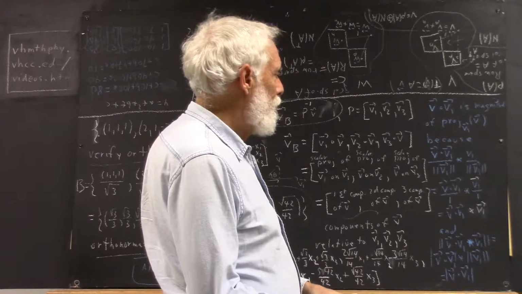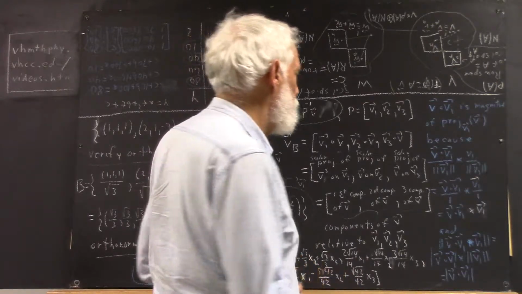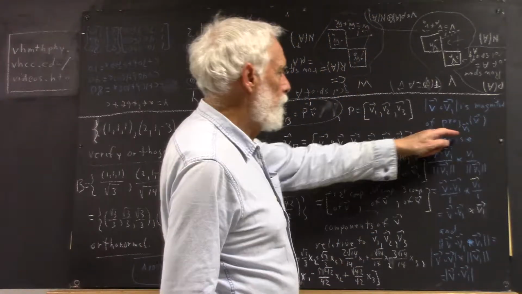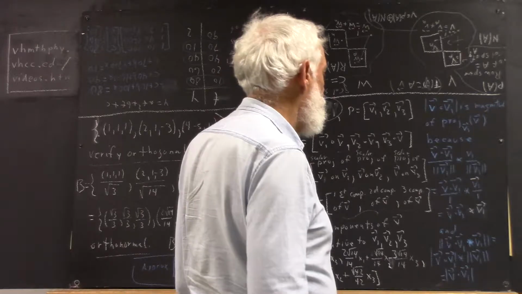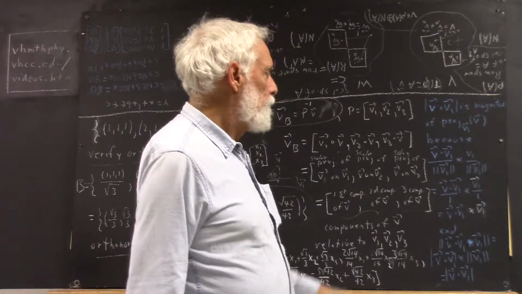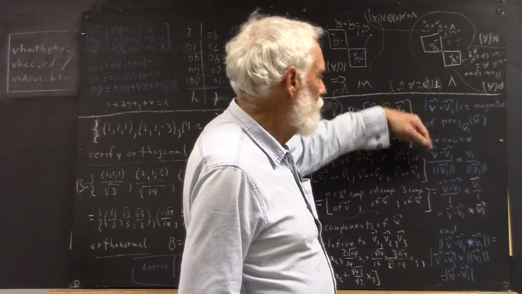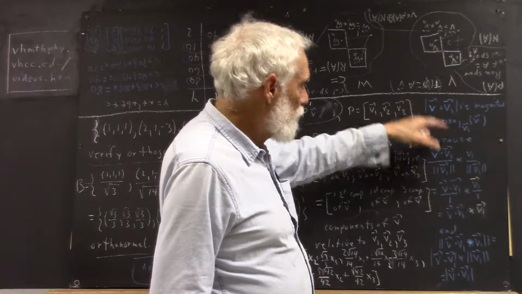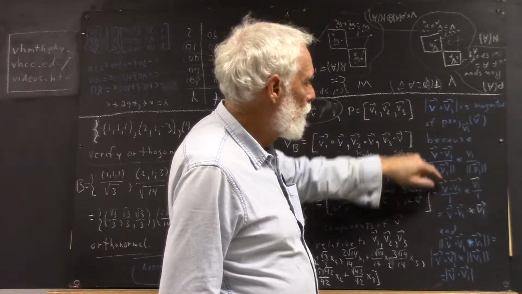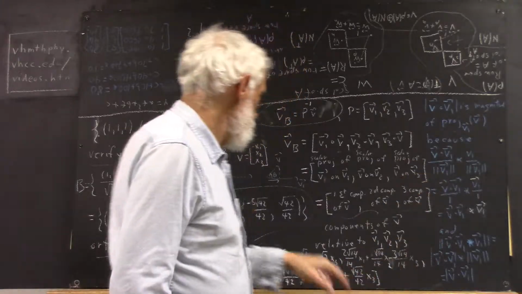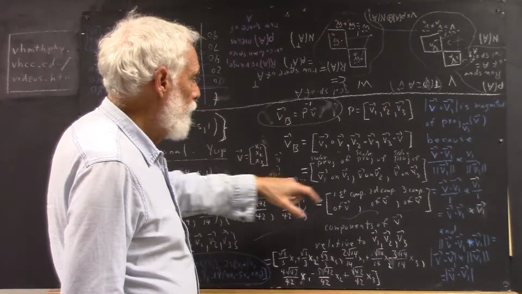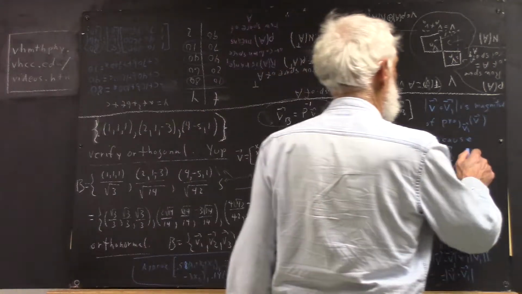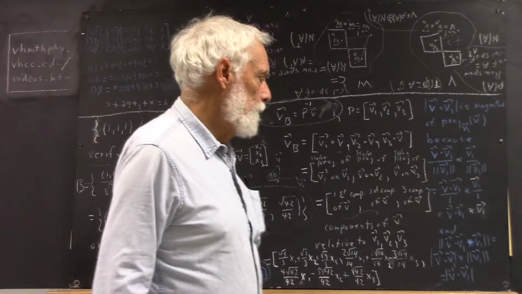I say the magnitude of V dot V1 is the magnitude of the projection of V onto V1. Because the projection of V onto V1 is V dot V1 over the magnitude of V1. Again, that just corresponds to this little triangle. And this is the scalar projection. And then multiplied by the V1 vector divided by its magnitude.